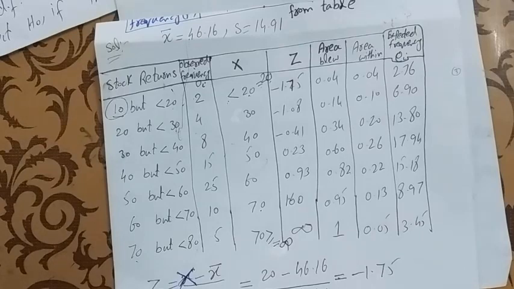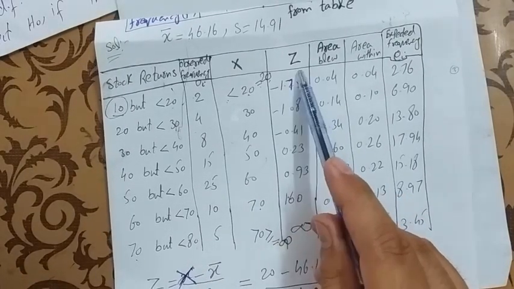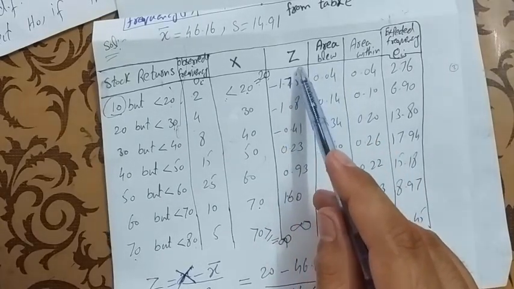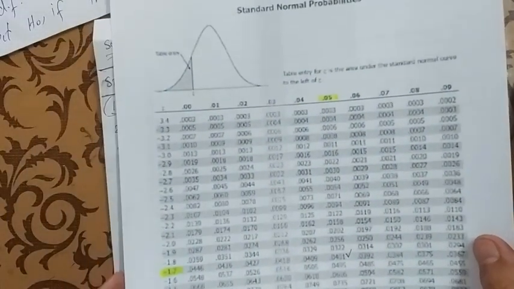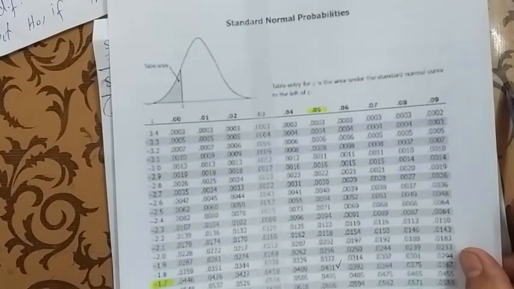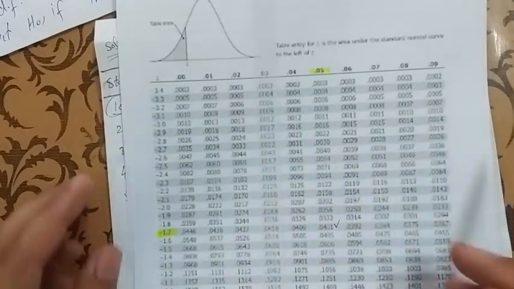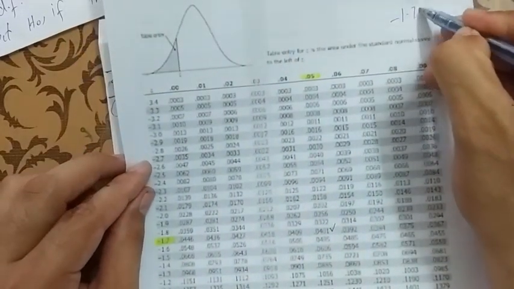Dear students, first of all we find the area below for the value of Z, minus 1.75. Check it. Our value is minus 1.75.